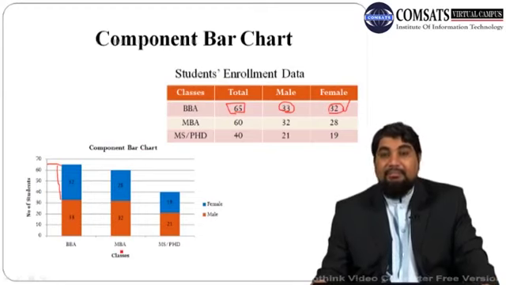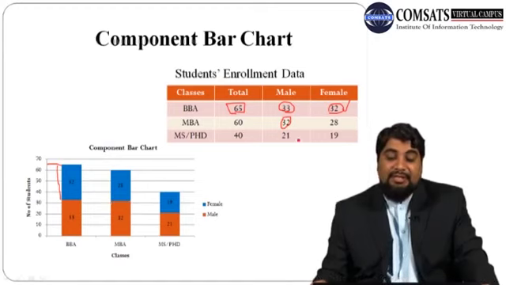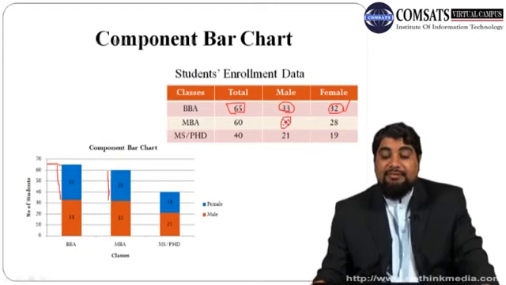Similarly for MBA, the second category, 32 students are male, so first draw the bar with height equal to 32, and 28 students are females. From 32 start counting 28 upward. 32 plus 28 you will end up with 60.